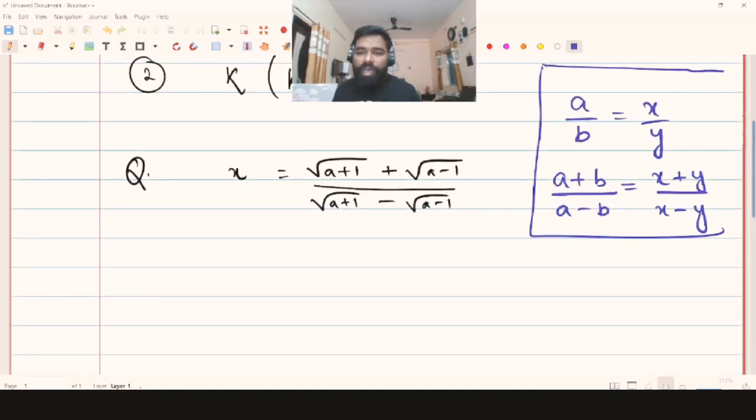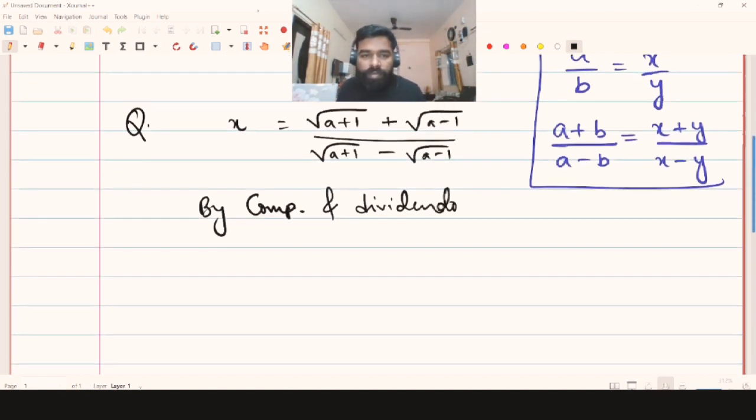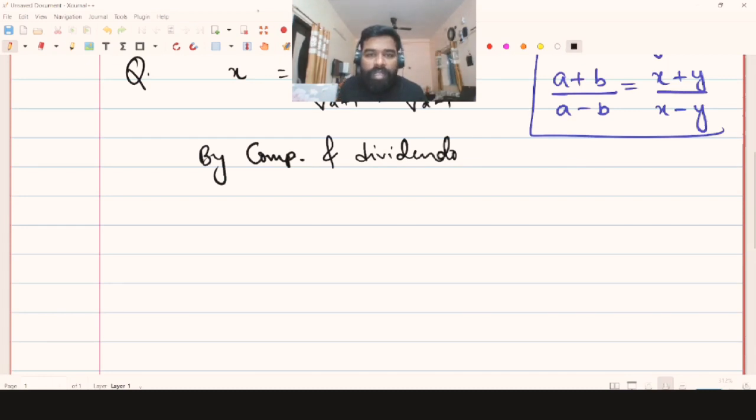By using this property we'll try to make the proof. So by componendo and dividendo, you see that the denominator is actually 1 here, so we take x plus 1, as I said, and then x minus 1.